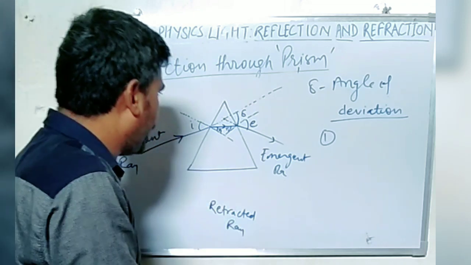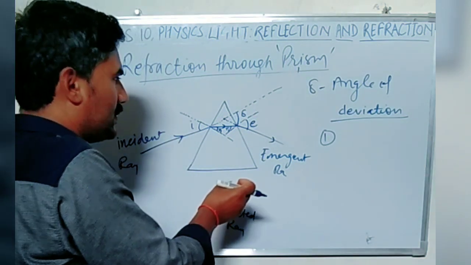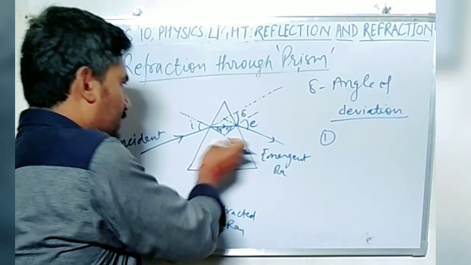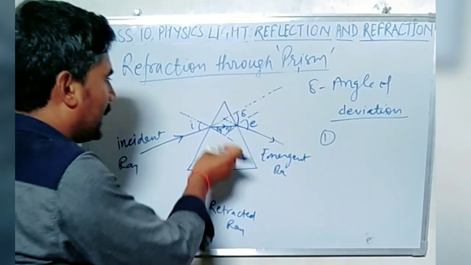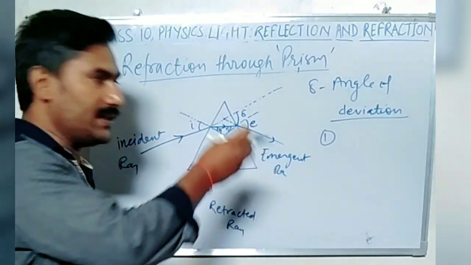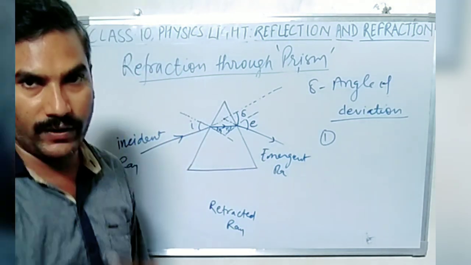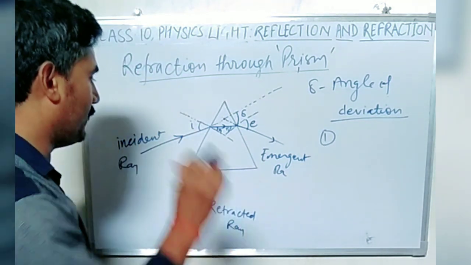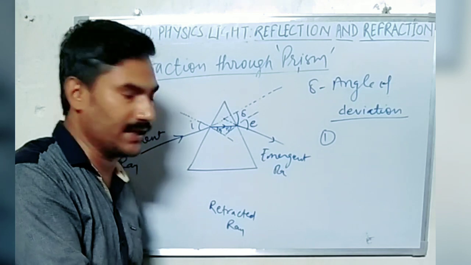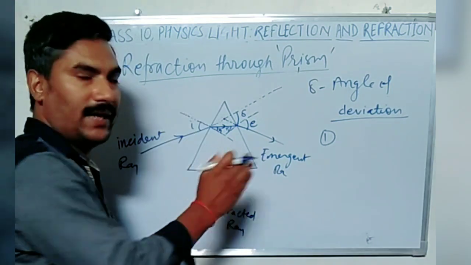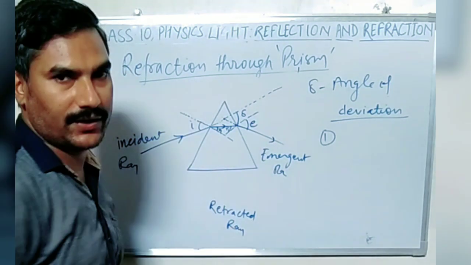The prism with the higher refractive index will give more bending than those with a lower refractive index.